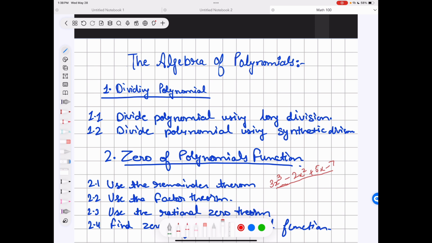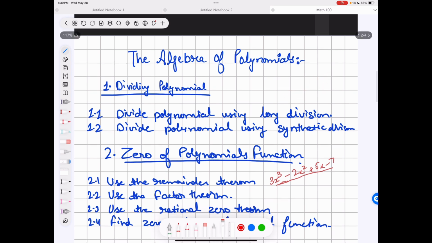Before diving into the steps, let's briefly talk about what a polynomial is. A polynomial is an expression that is made up of variables and coefficients involving operations like addition, subtraction, division, and multiplication.